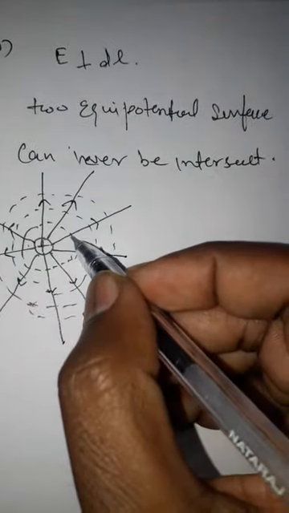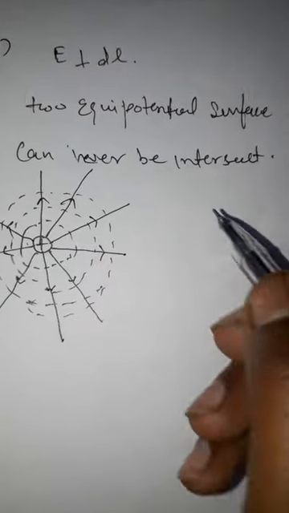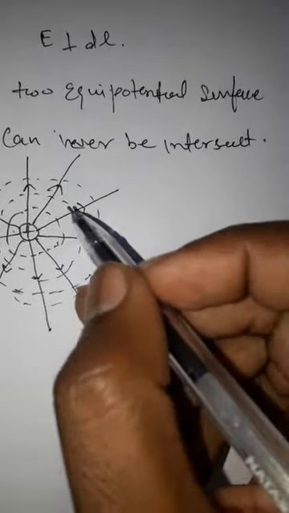So at each and every point of this sphere these lines are normally outward, that is, the field is perpendicular.